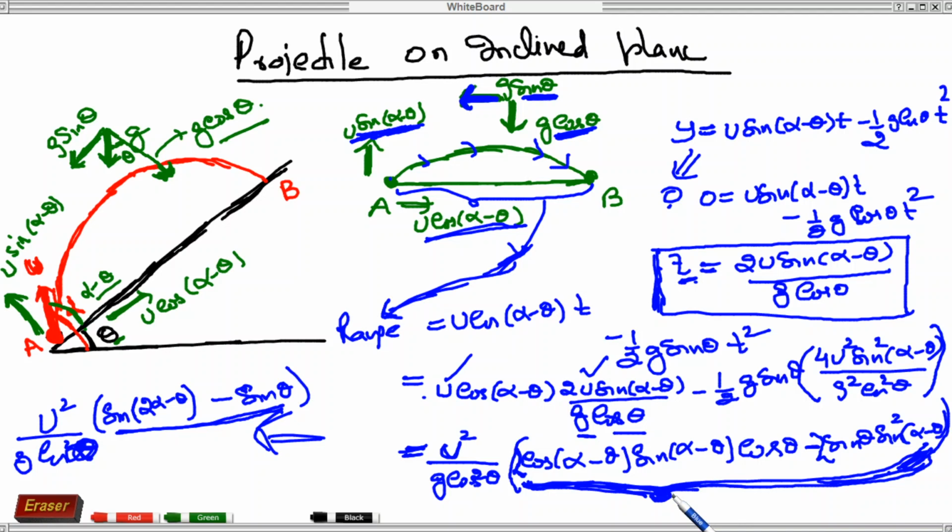So how this section converted to this section, I will show you right now. I am going to clear this part and show you how this equation converted to this equation.